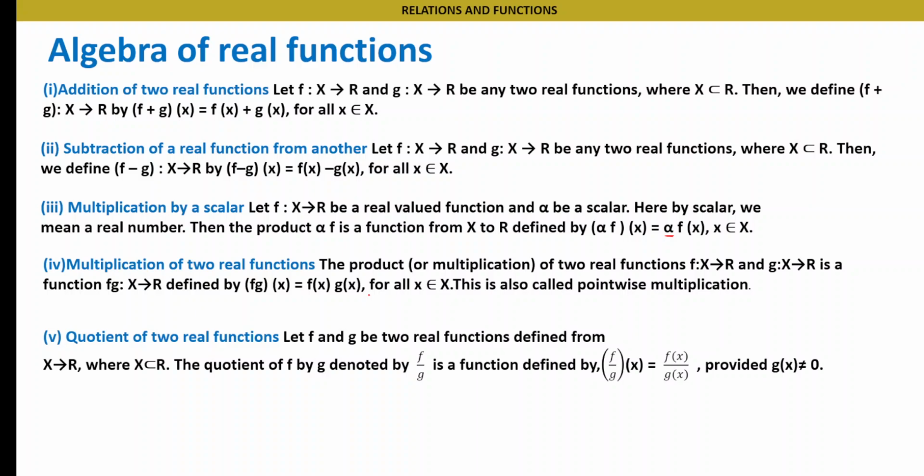Quotient of two real functions. Let f and g be two real functions defined from X to R, where X is a subset of R. The quotient of f by g, denoted by f by g, is the function defined by (f by g)(x) equals f of x by g of x, provided g of x is not equal to 0.